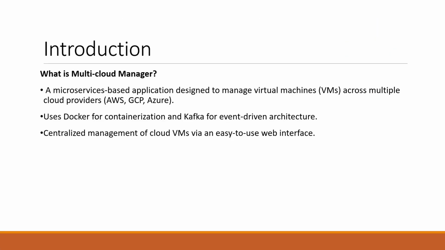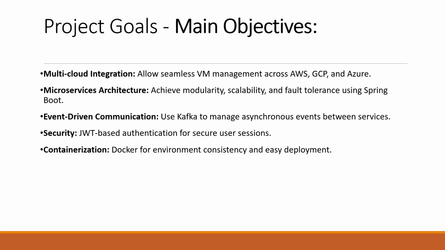What multi-cloud manager does is manage the virtual machines deployed across multiple cloud providers like AWS, GCP, and Azure. It uses cloud technologies and virtualization technologies like Docker, and the event-driven architecture of Kafka. The main advantage is that it allows seamless VM management across AWS, GCP and Azure.